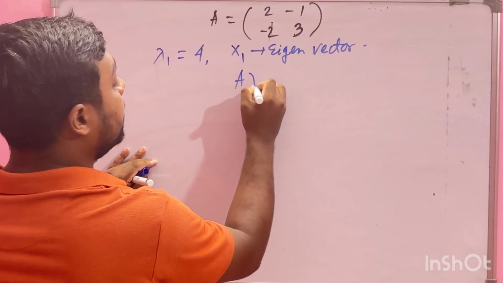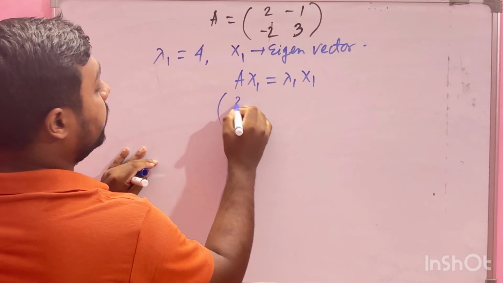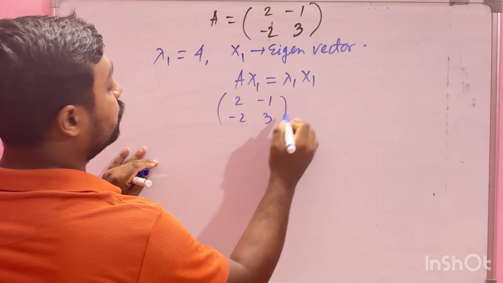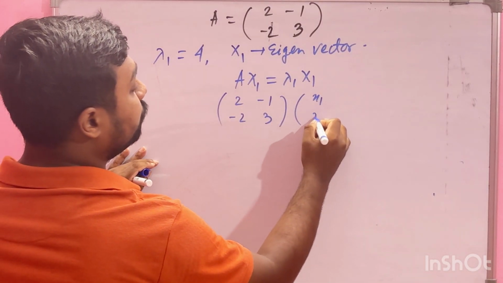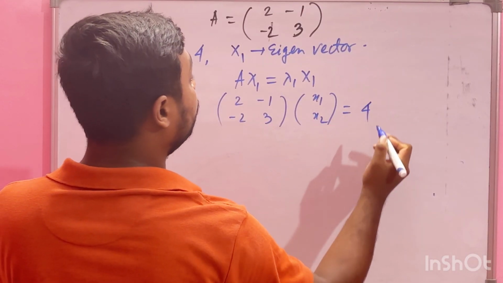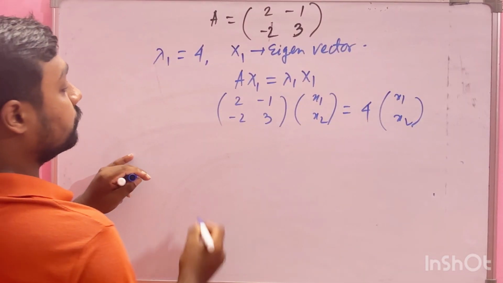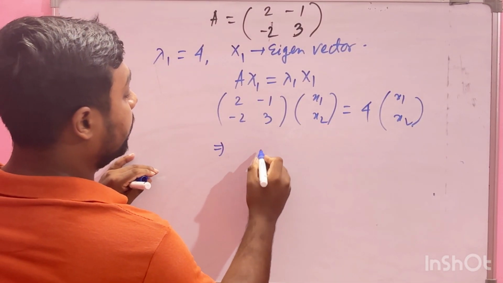That means A X1 = lambda 1 X1. So we will get [2, -1; -2, 3] times [x1; x2] equal to 4 times [x1; x2].